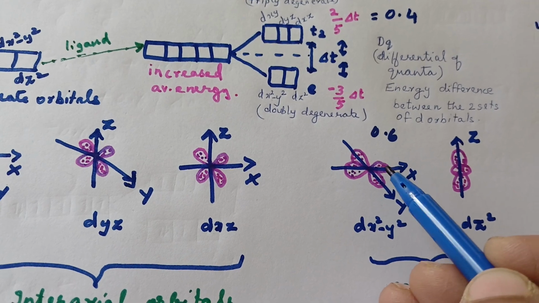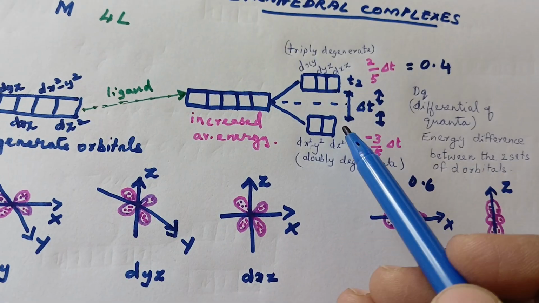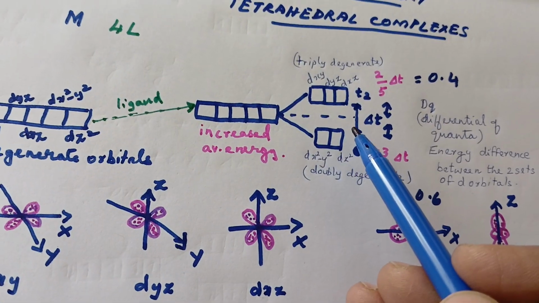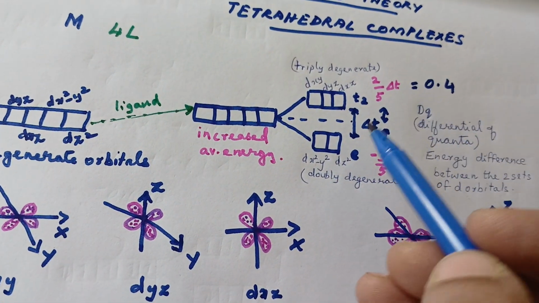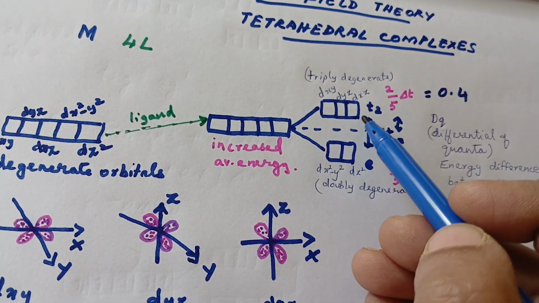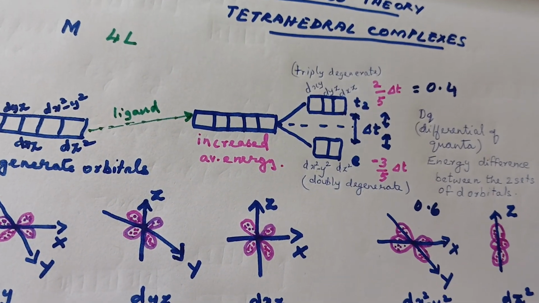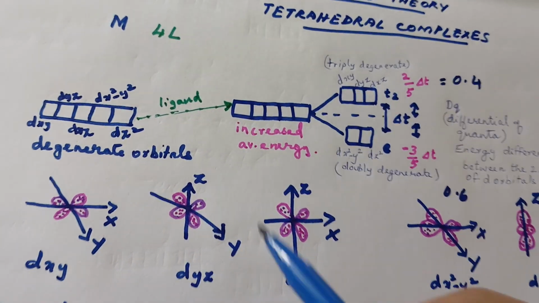So there the electrons are repelling. That is why there is more energy separation in the case of octahedral complexes, whereas the separation energy is less in the case of tetrahedral complexes. I hope it is clear.